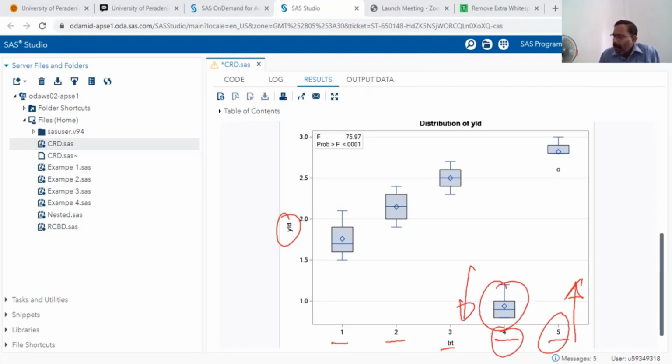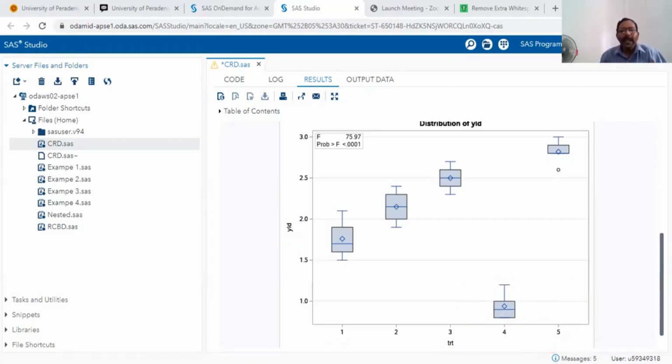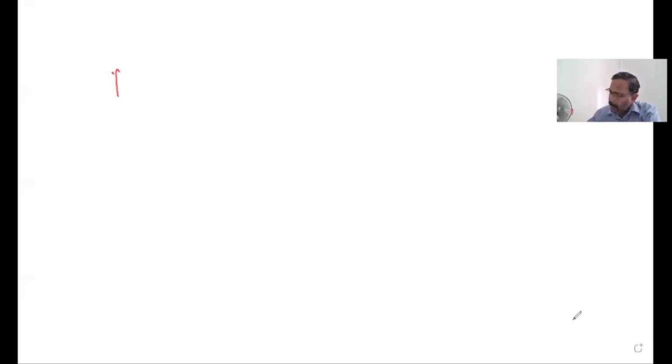Now I'm going to talk about mean separation, which you need to study in theory. I'm not going to explain the theory now because your madam will explain it. I will explain a little on mean separation.